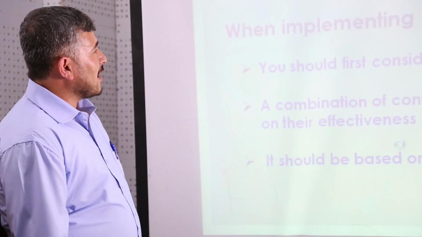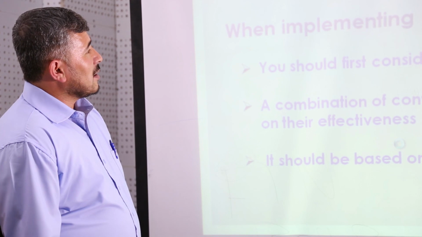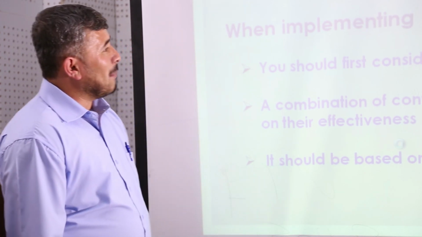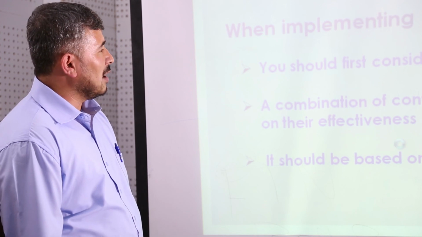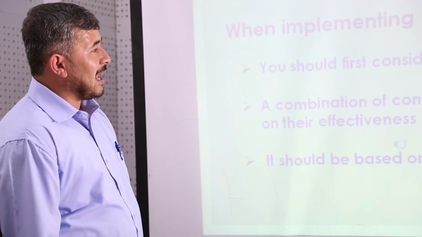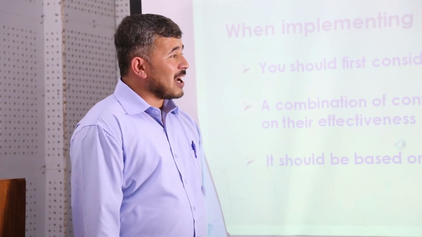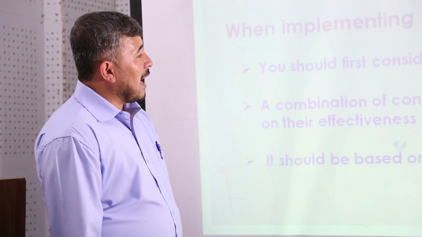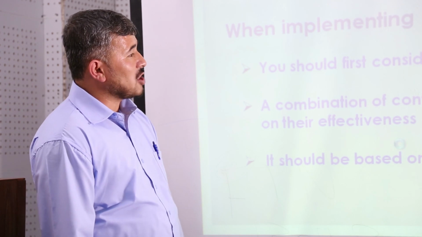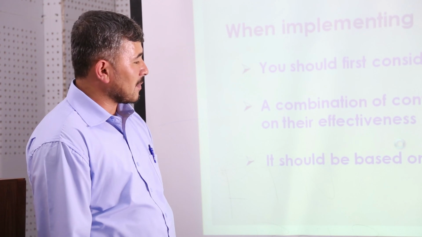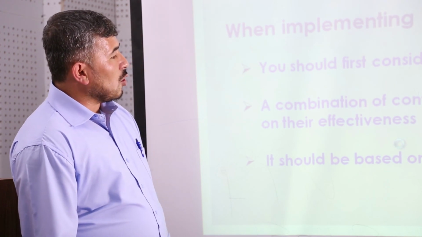So now we can conclude, when implementing mitigation control, you should first consider elimination or substitution. But if it is not possible, a combination of control measures should be used based on our risk assessment.